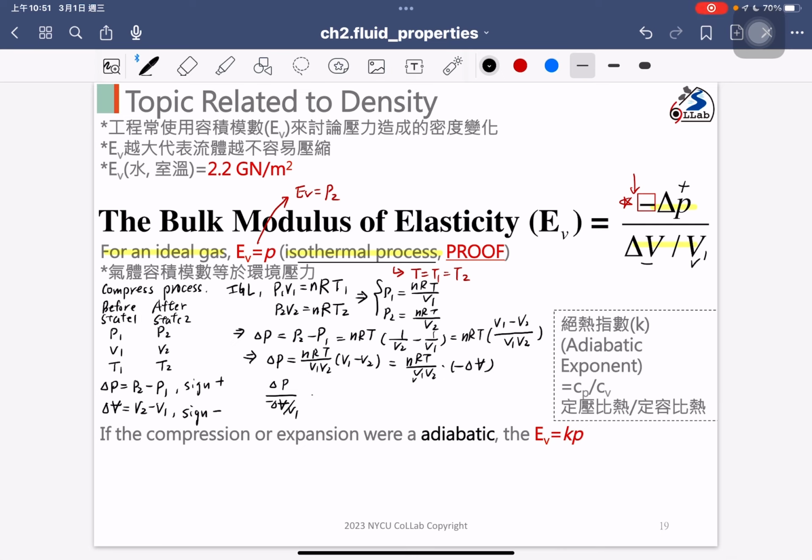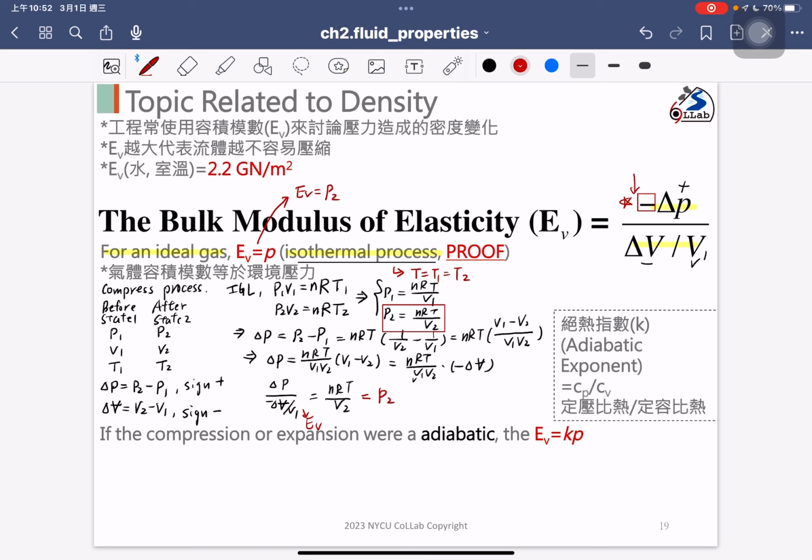On the right hand side, I only have nRT divided by V2, and the left hand side is already the bulk modulus. So finally, nRT divided by V2 will equal P2, right? So I prove the bulk modulus for the ideal gas will equal the environment pressure, P2.